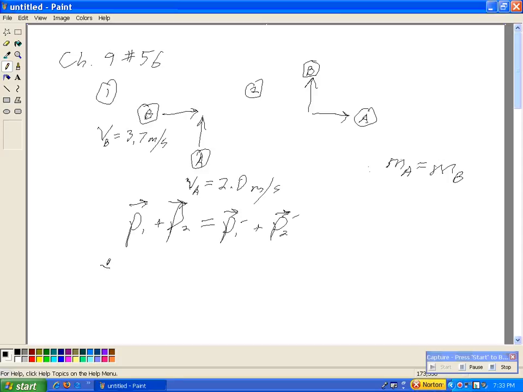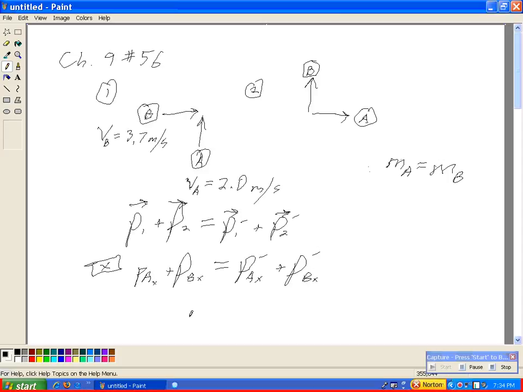So keeping in mind direction, let's start with the x direction for all of the vectors, all of the masses. And that would be, so momentum of A in the x direction plus momentum of B in the x direction equals the momentum after of A in the x direction plus momentum of B in the x direction after.